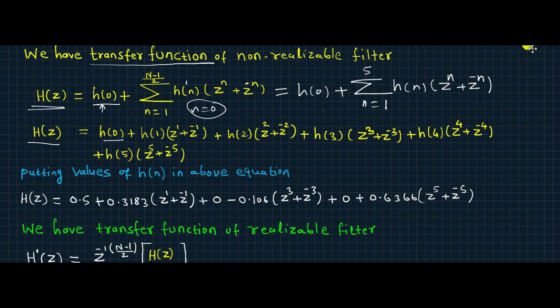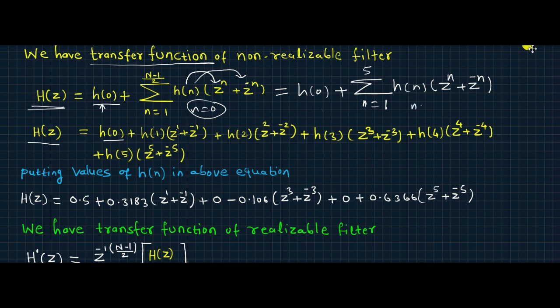Now simply multiply h(n) with z^n and z^-n. So it is a very simple expansion of the equation: multiplication of terms, h(1) z^1 plus z^-1, plus h(2) (z^2 plus z^-2). First we have substituted the values of n.